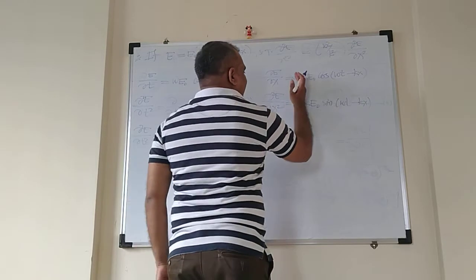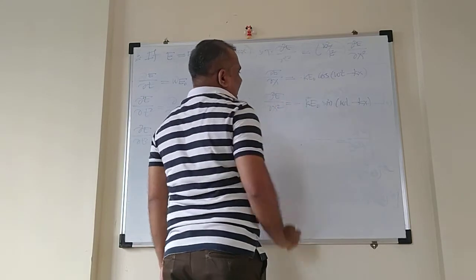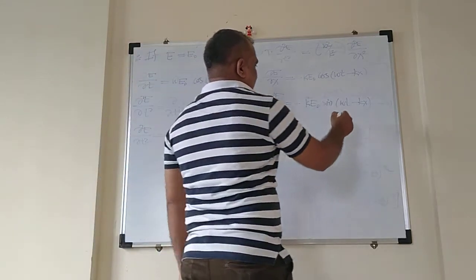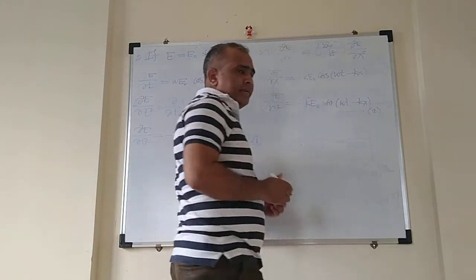So this becomes again minus k squared E naught. Let me say this is our equation number 2.